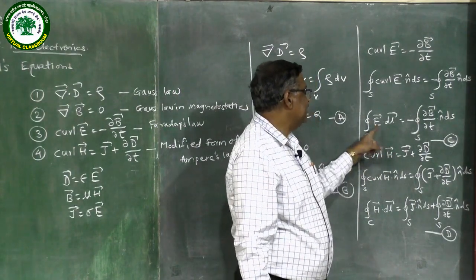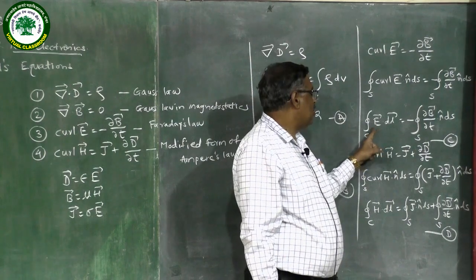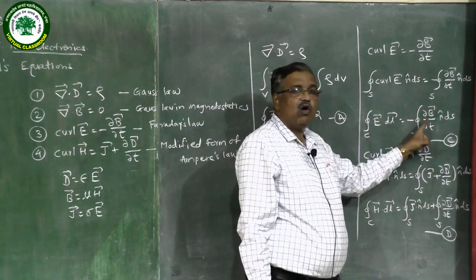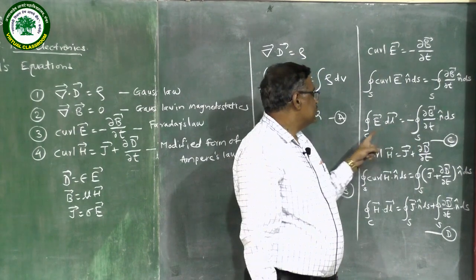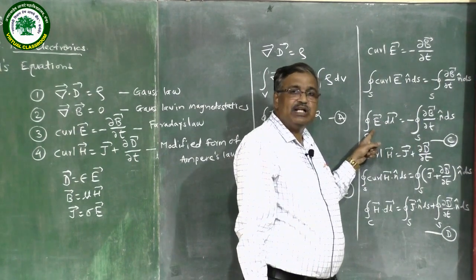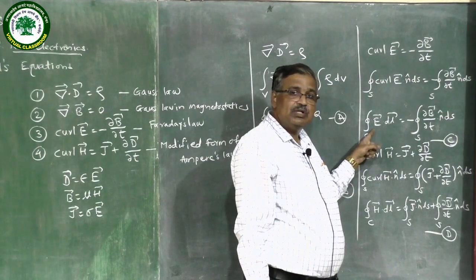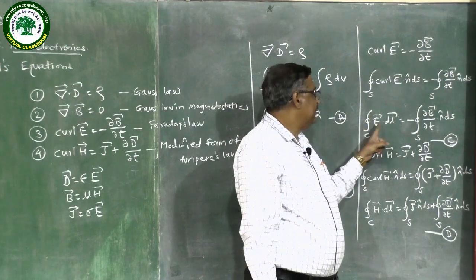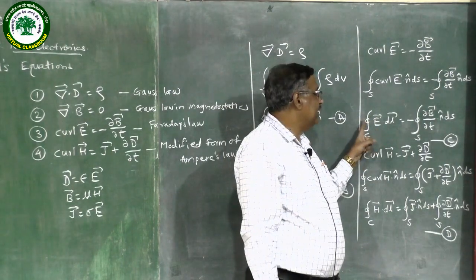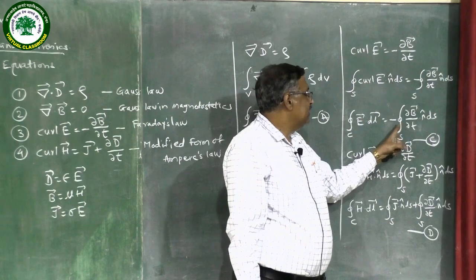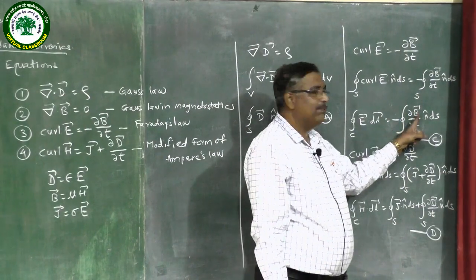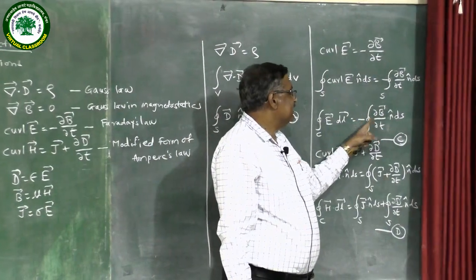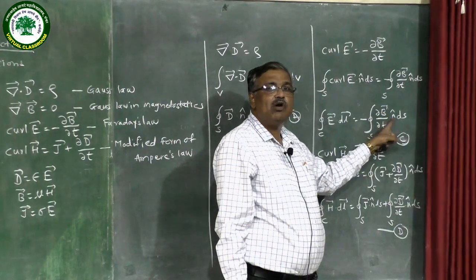Then we have the third equation. The third equation indicates that on the left hand side we have a line integral, on the right hand side we have a surface integral. So this is also another type of force, called electromotive force. So the line integral of the electromotive force passing through any closed surface is equal to the negative rate of change of magnetic flux, that is B dot n dS.